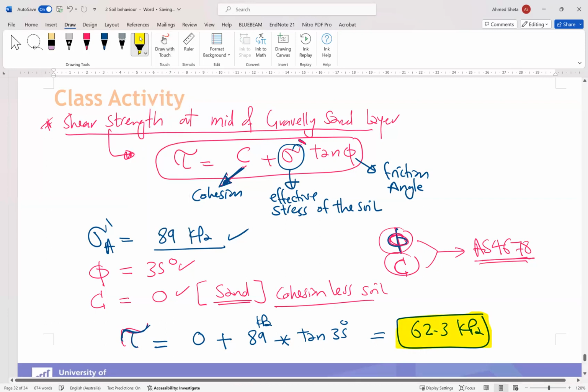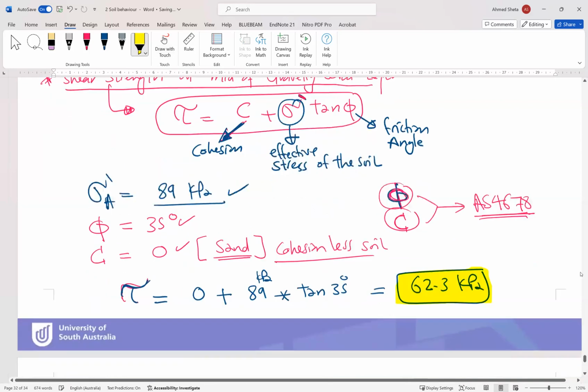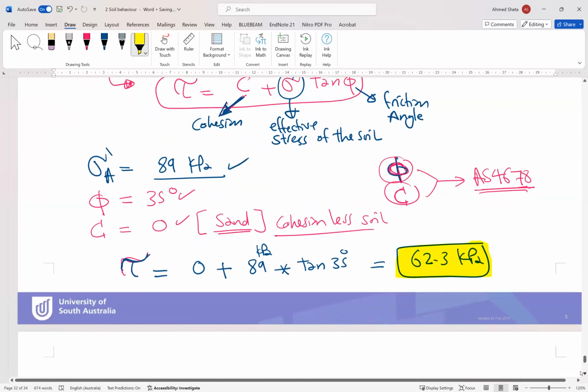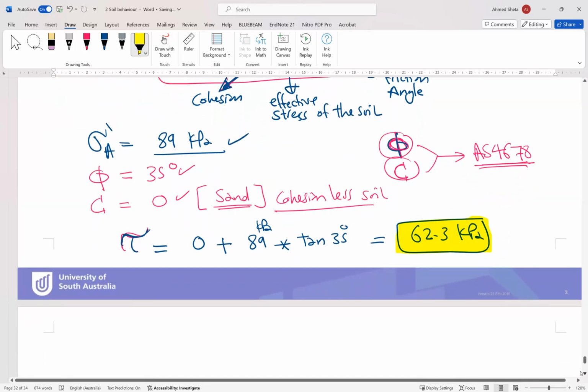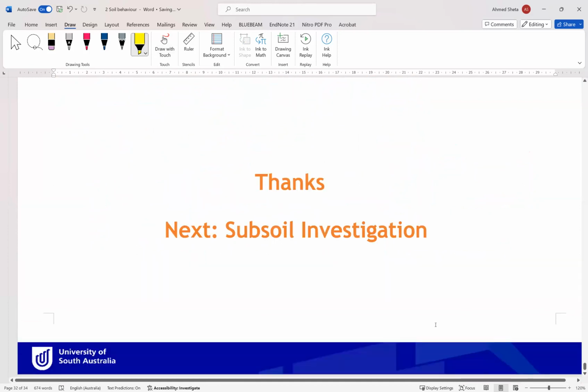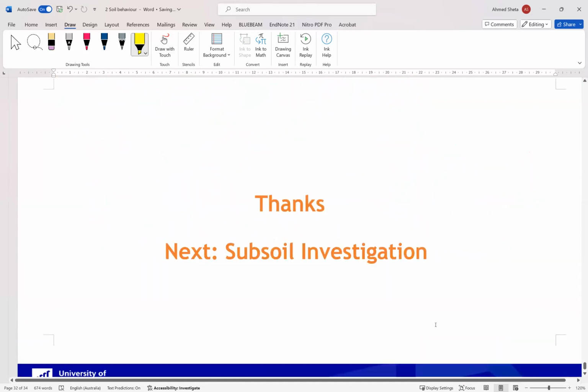Okay, do you have any question, guys, for this class activity or this example? Any question? No? Okay, so that's it for the effective stress. And the next topic will be the subsoil investigation.